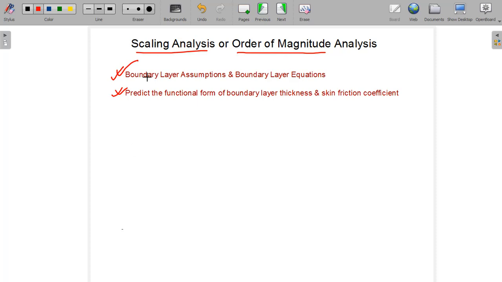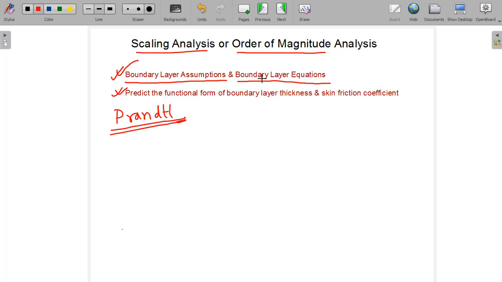We'll first take up this particular topic: what are the boundary layer assumptions and what are the boundary layer equations. This was first proposed by the scientist Prandtl, around 1900.